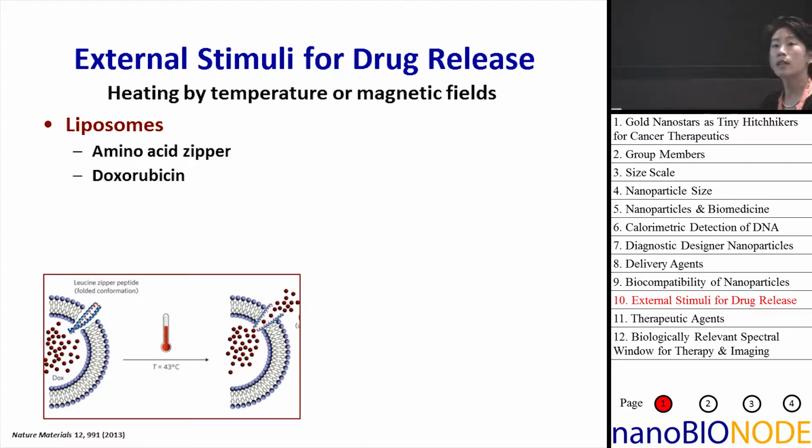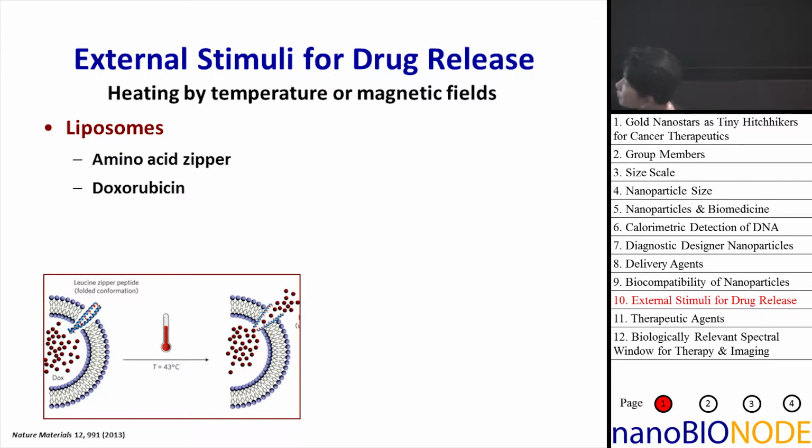So one type of drug delivery carrier, and so this is hopefully falling within these design principles that we outlined, are liposomes. And so you can see that it's basically a lipid bilayer that's completely enclosing cargo that you have inside. In this case, what they did is they have this amino acid zipper, and they also have doxorubicin inside.